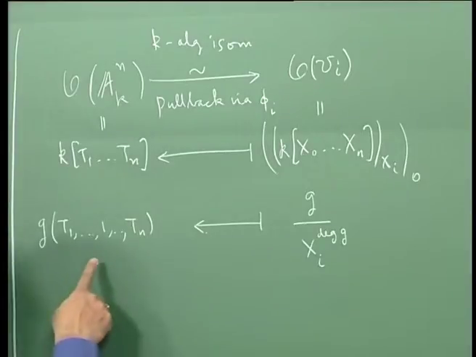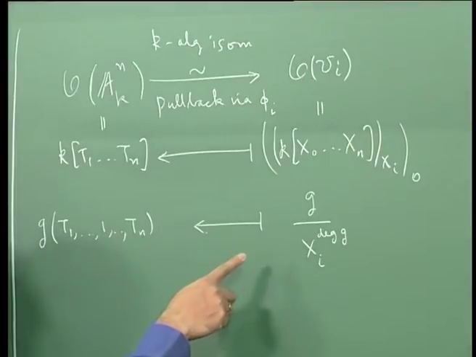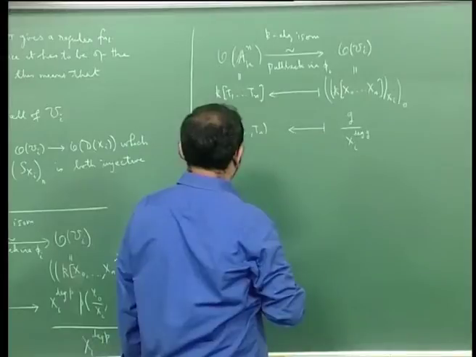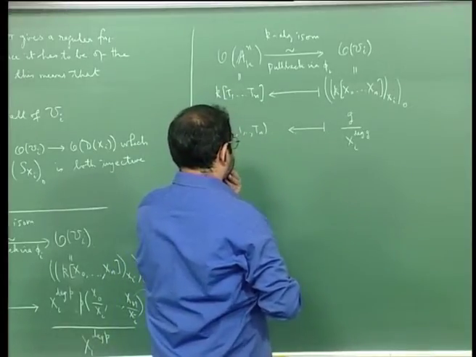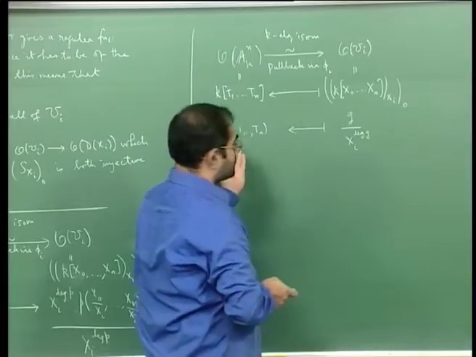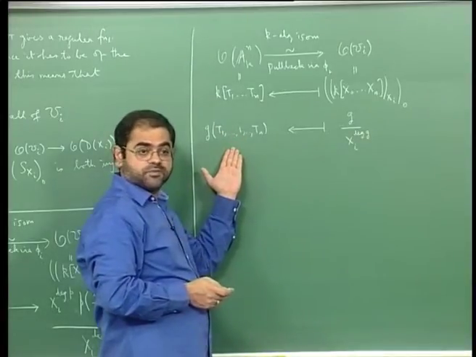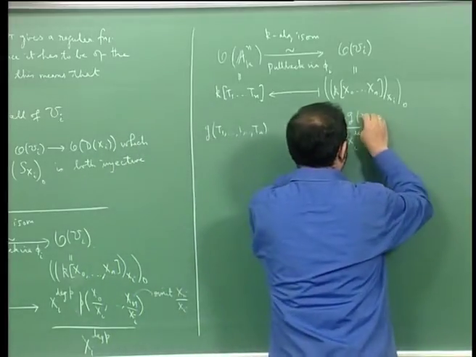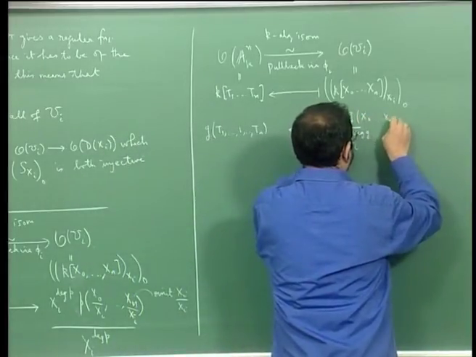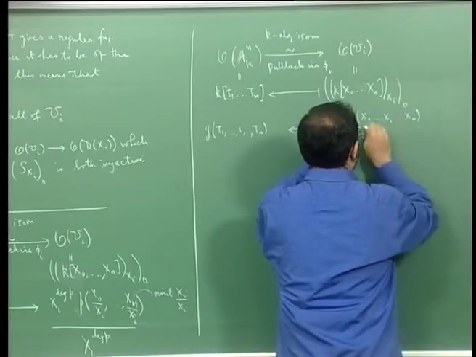So what you are doing is you are simply sending, so this is dehomogenization, this is just dehomogenization. So this g is a polynomial in x0 through xn.